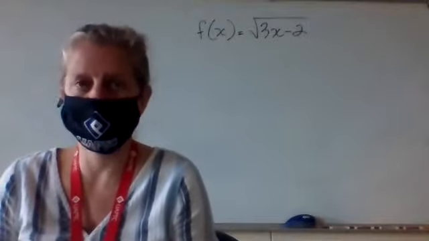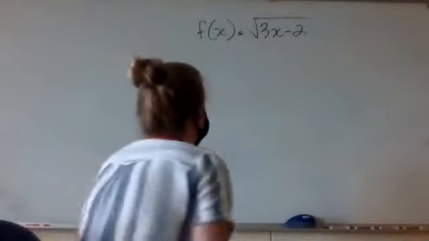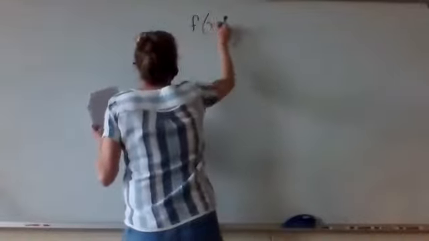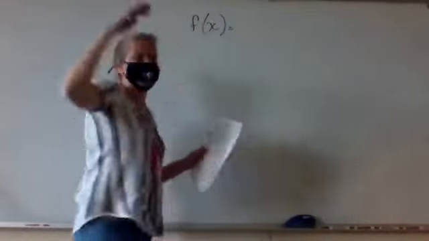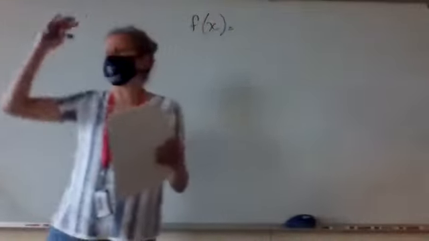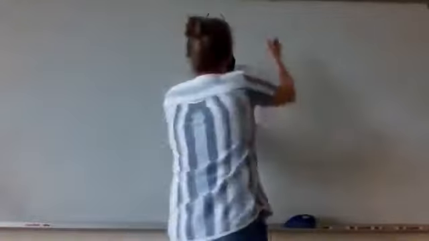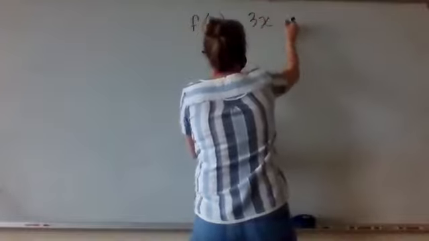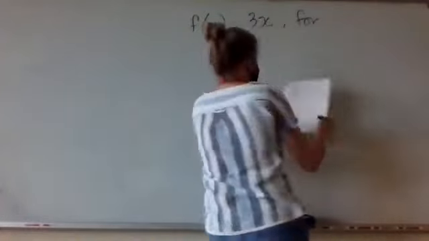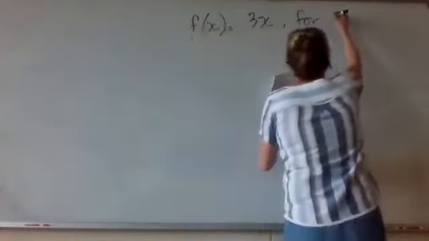All right, number 19. Into the piecewise function section. So the piecewise function is f of x, and then it gives me 3 different pieces. This graph has 3 different things going on. It is 3x for when x is less than -5.